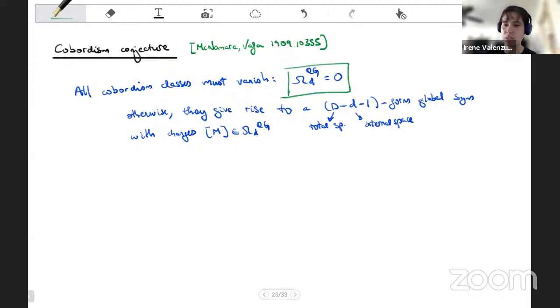Because otherwise, if this was different from zero, we would have different elements that would give rise to conserved global charges, because I cannot transform one into the other. I cannot have a domain wall that interpolates between one and the other. So I cannot get rid of that charge. It's like a conserved global charge in my theory, and would give rise to a d minus 1 form global symmetry, where these topological charges would be the different classes of this cobordism group.